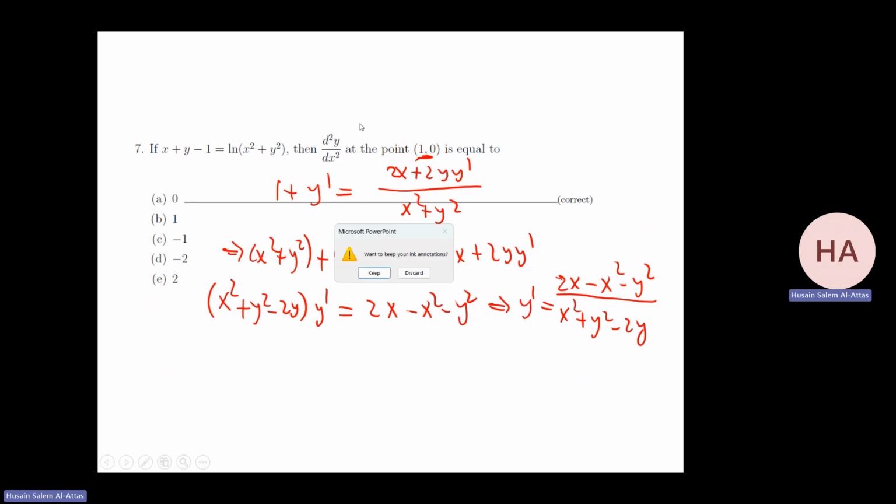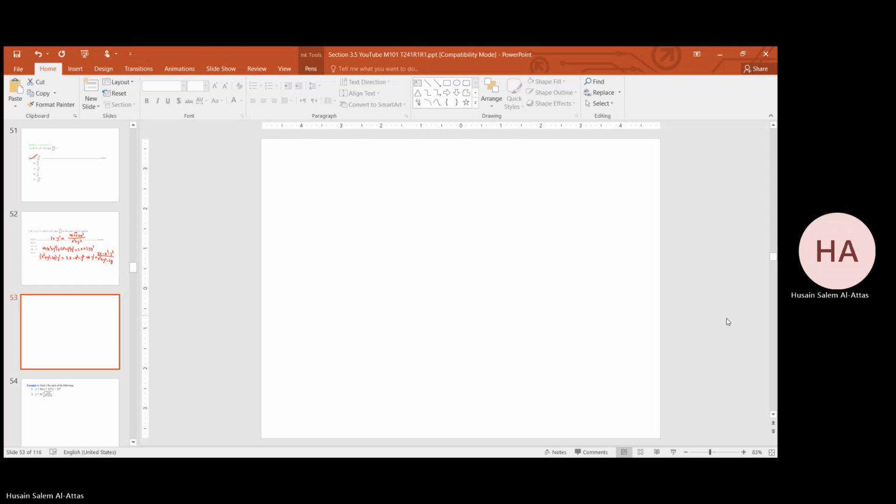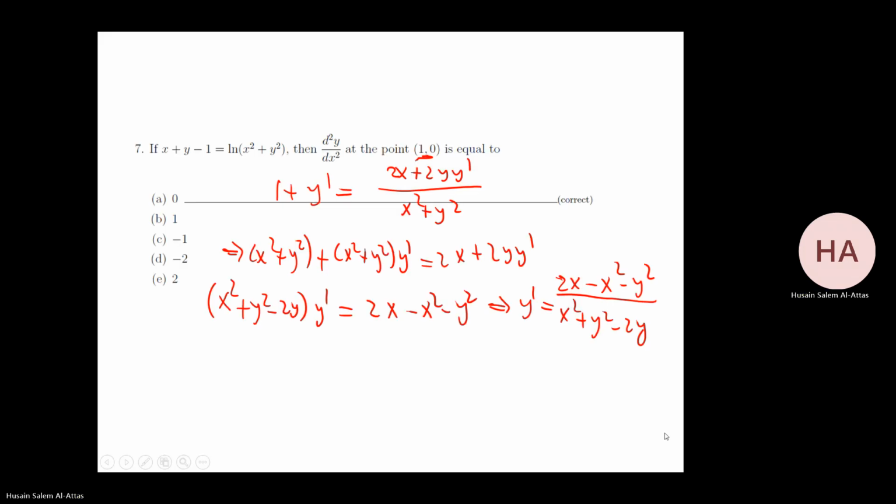For sure, I need more space. Okay. Now, y'', what a mess.